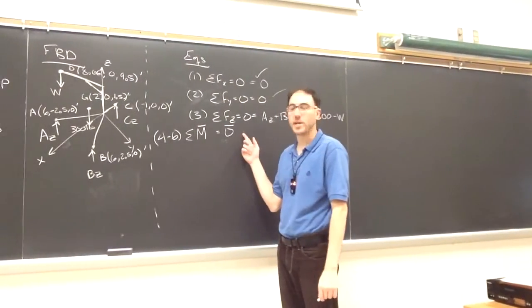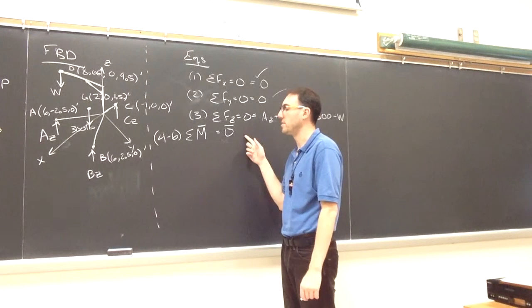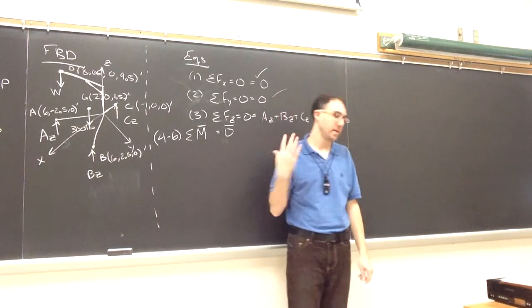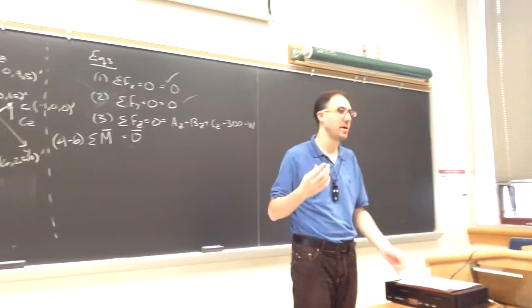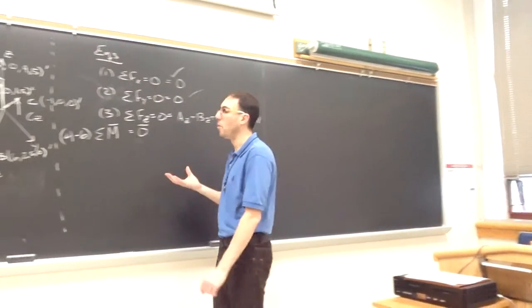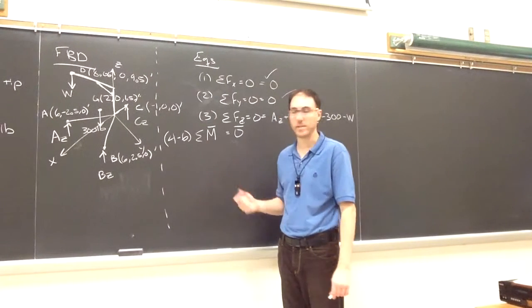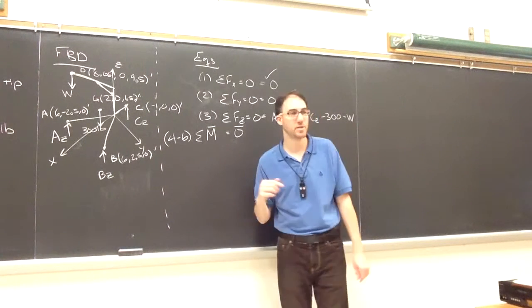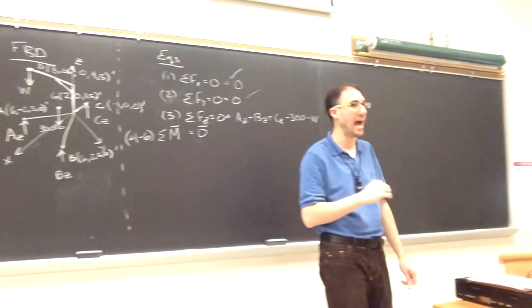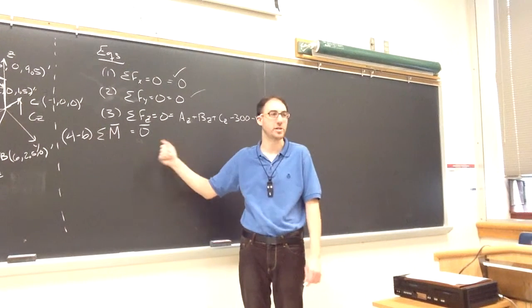So we have our choice here of which point we want to take the moment about. I would say there's not one best choice here, there's a couple. What points would be better than other points to take the moment about in terms of reducing how many unknowns we're going to have in these 3 equations we'll get out?